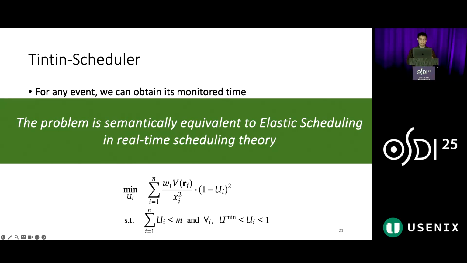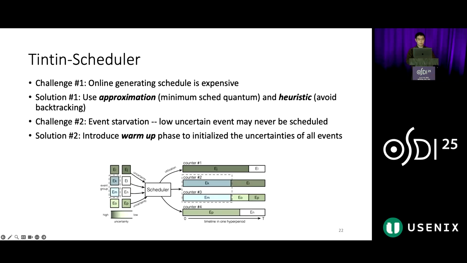I will just highlight some other interesting things. When we implemented the scheduler, we also found some practical challenges we needed to work around. First, solving that optimization problem online is quite expensive, especially when you have hundreds of events.